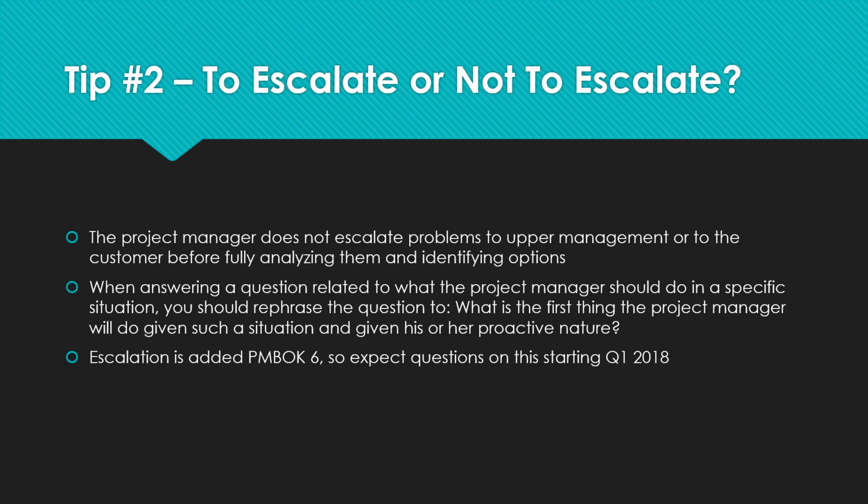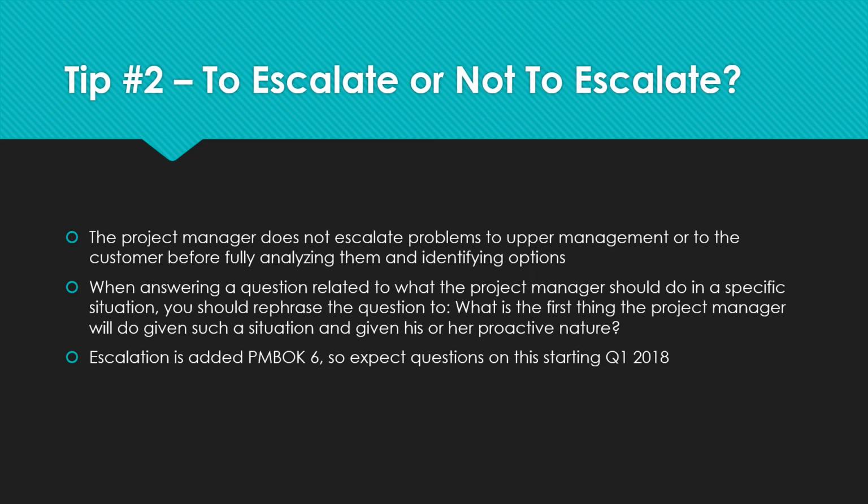Now, in the PMBOK 6th edition, they have added a section on escalation as well. So, starting Q1 2018, when PMBOK edition 6 will be used and the PMP exam will have a certain change in terms of the kind of questions you see, you can expect certain questions on escalation. But this tip holds true even then.